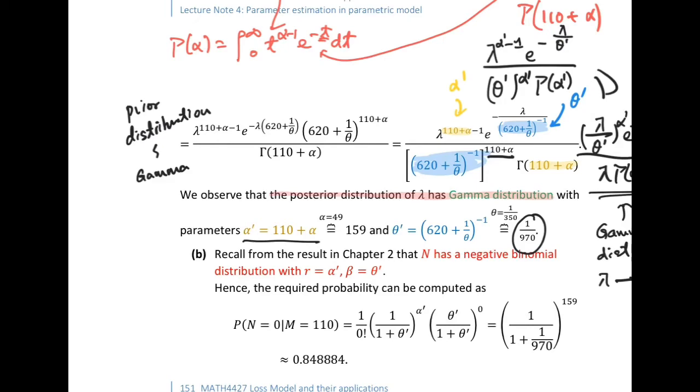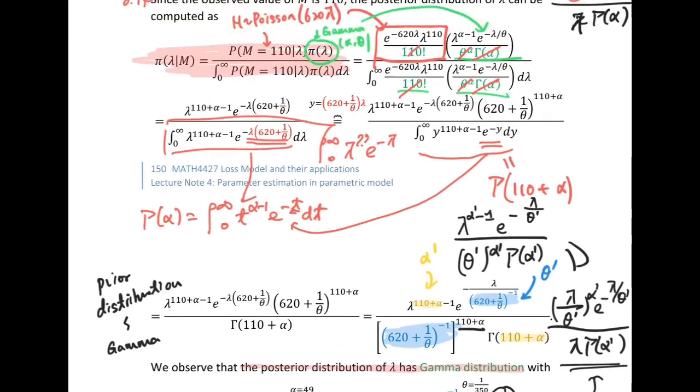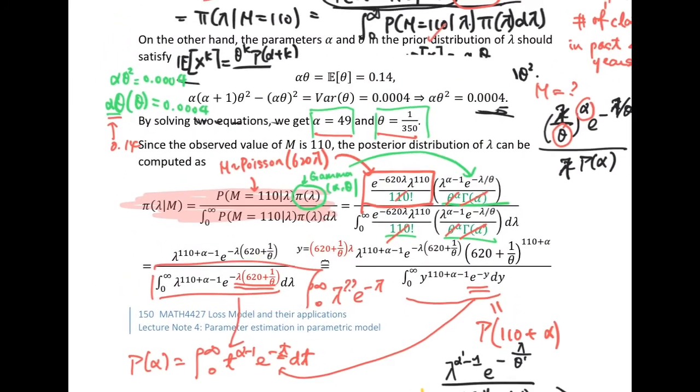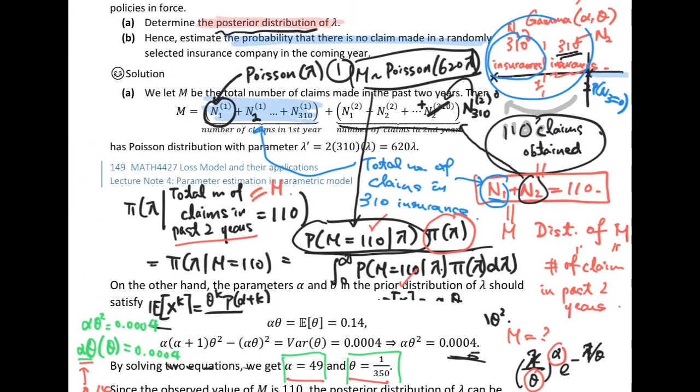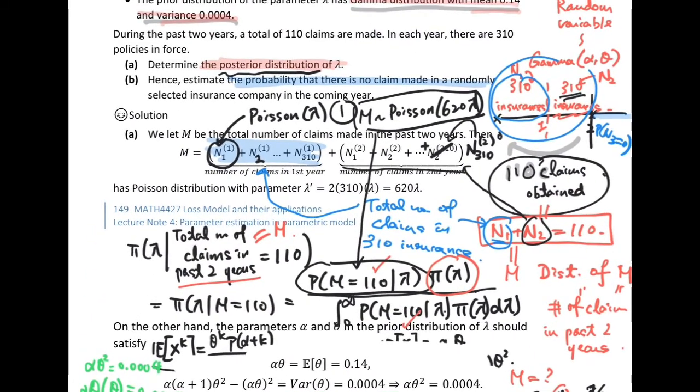This is under the scenario where you have only partial information. When you handle cases where your observation is incomplete, like in these cases, I didn't tell you the exact number of claims for each of the insurers, I only gave you the total number of claims.